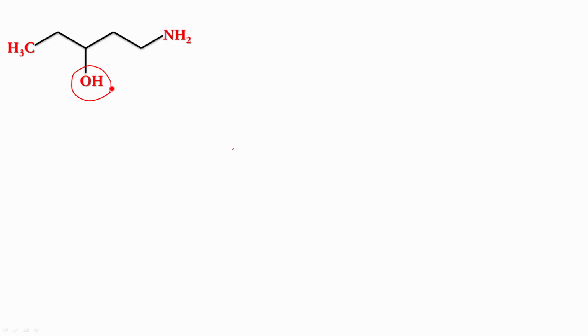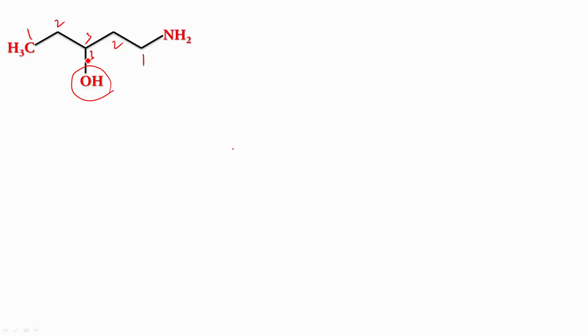And the numbering has to be done so that, since there is no branching here, there is no problem in finding out which is the parent chain. You have to look, the numbering has to be done from that side where OH gets the least number. Now, if I say 1, 2, 3, or 1, 2, 3, either way, the carbon with the OH gets 3. So, that doesn't work.